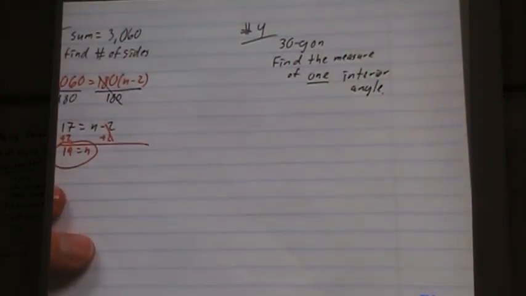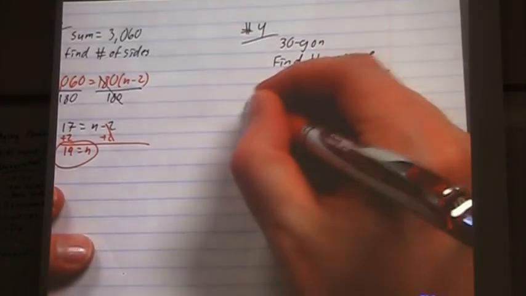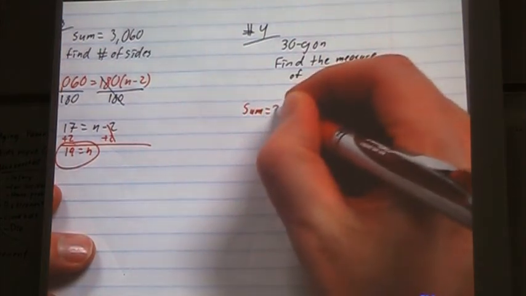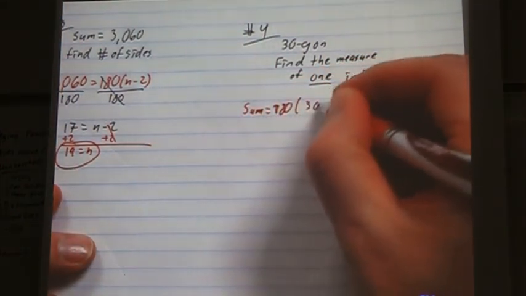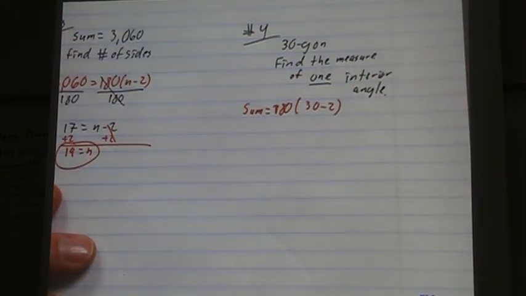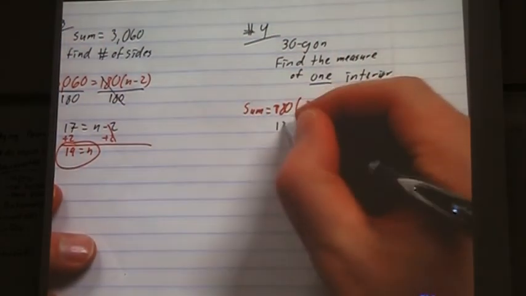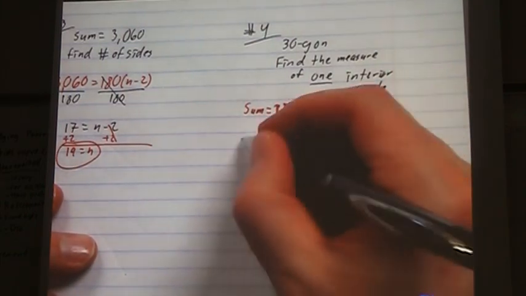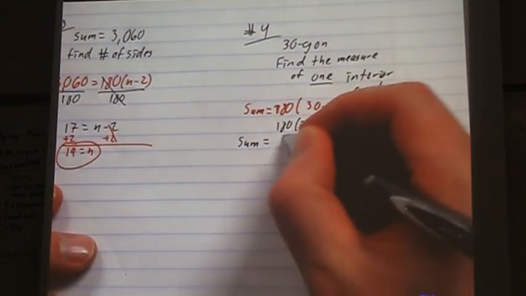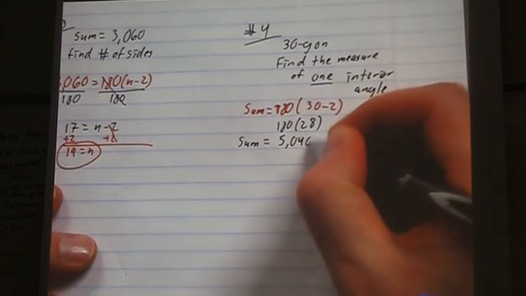We're going to use our sum formula again. We're going to find the sum first. Sum equals 180 times 30 minus 2. 180 times 28. And we have our sum equal to 5,040, which is a big number.